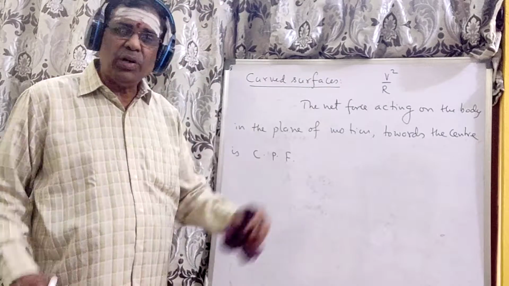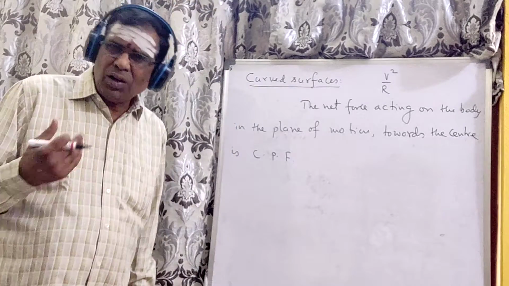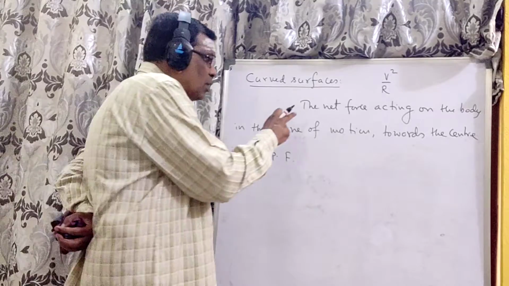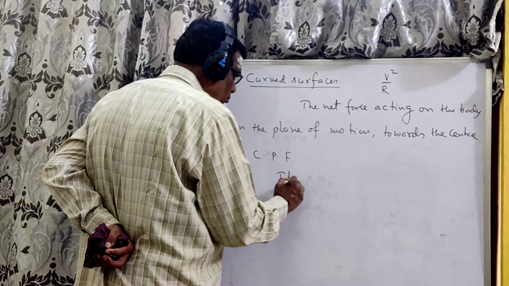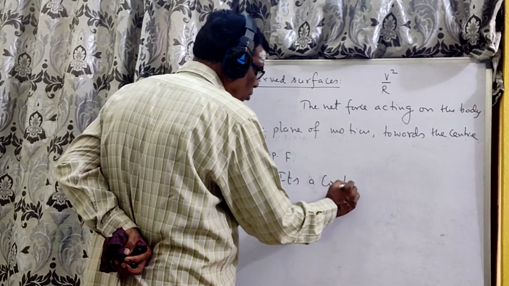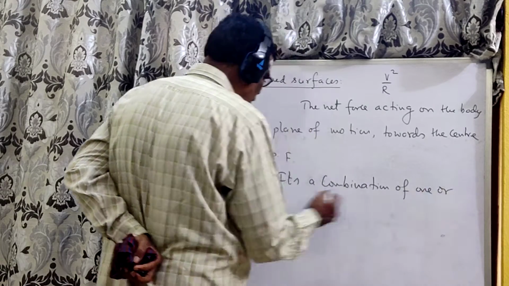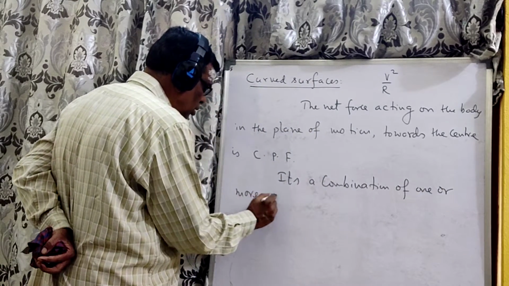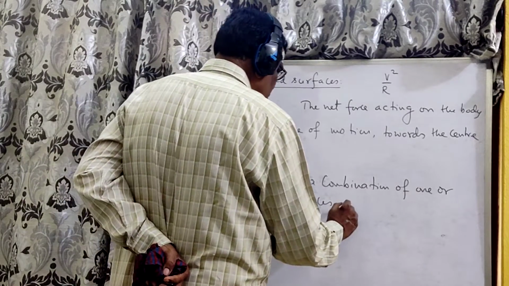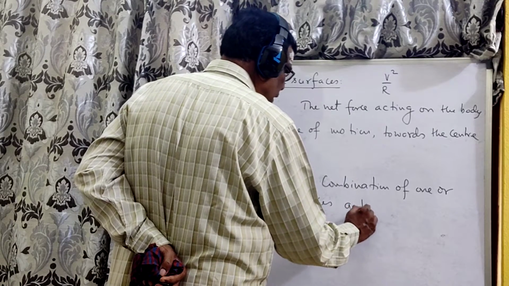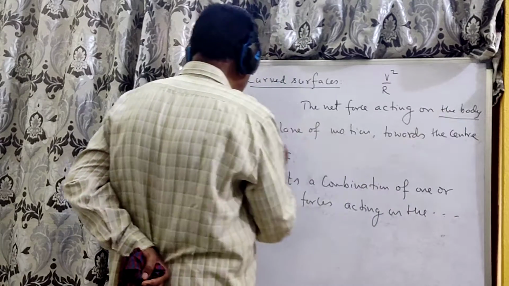CPF is a net for any force, gravitational, electromagnetic, strong, anything. It is a combination of one or more real forces acting on the body, same from here till here.